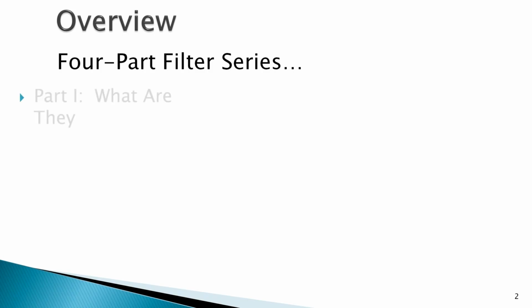Part 1 of this video series discussed what astronomical filters are, how they are made, etc. Part 2 discussed how to choose the right color and light pollution filters and how to use them.